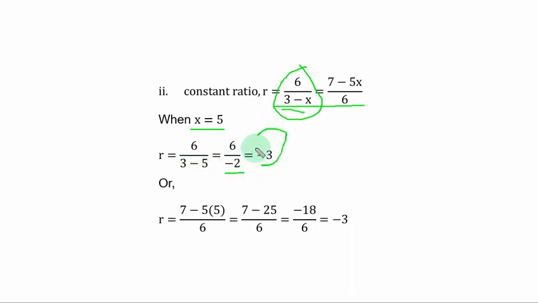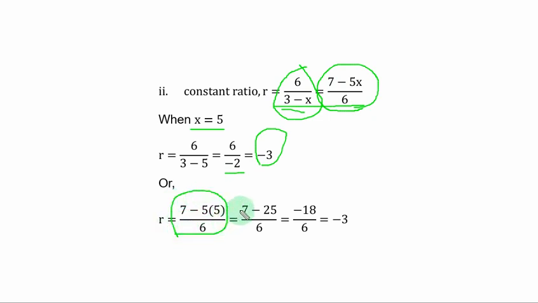You have minus 3. To be very sure, if you try the same value of s here, you must have the same result. If we try that, you replace s with 5, you have it in this form.